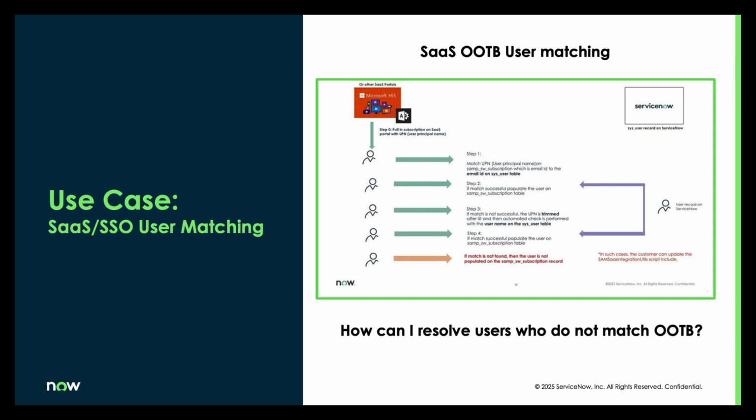So we asked the question, how can an asset manager resolve users that do not match? And with this new feature, user resolution rules, asset managers can create a repeatable matching criteria, simplifying the process.